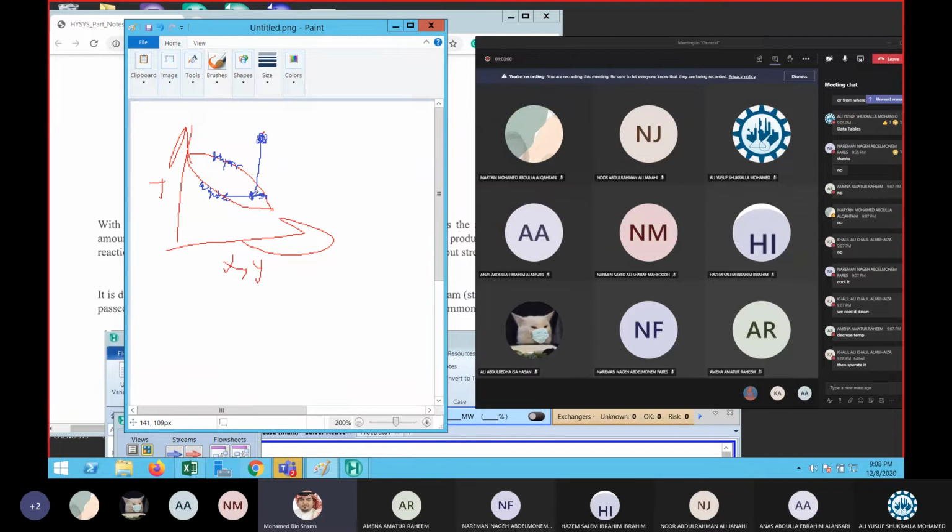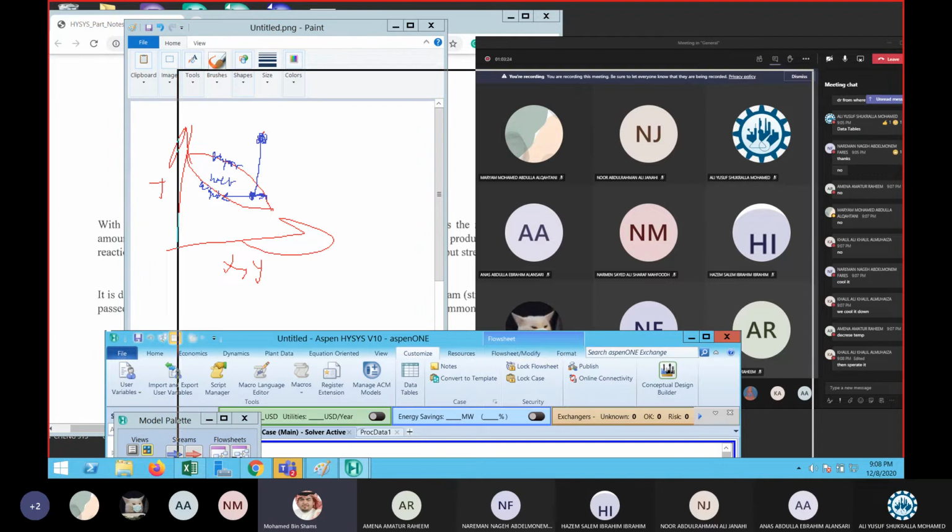This separation only happens in this wet region. Anywhere else, no. If you are liquid you have to heat to come here, and if you are vapor you have to cool to come here. Is that clear? Then when you are here, separation takes place.